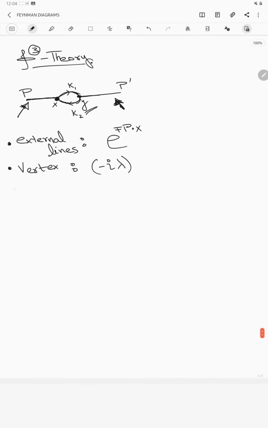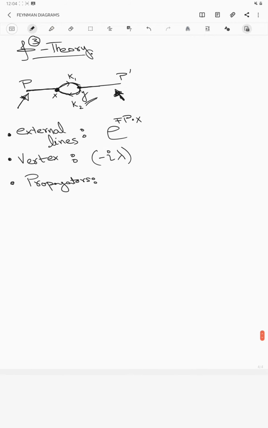Now, with this, let's talk about propagators. The propagators are given by solving an equation of motion for a particle. But let me give you an example. For a scalar field theory, the propagator is something like i over k squared minus m squared plus i epsilon.